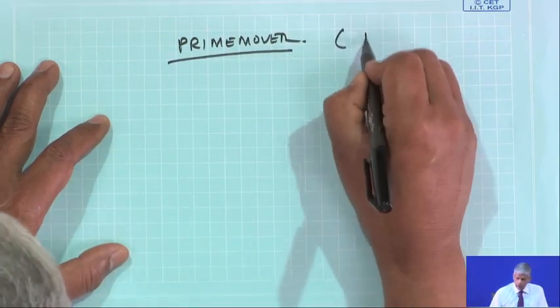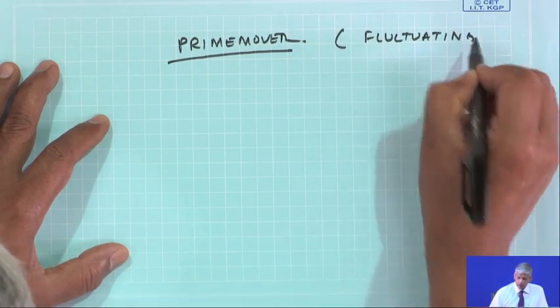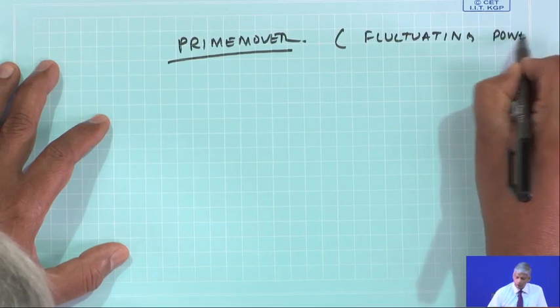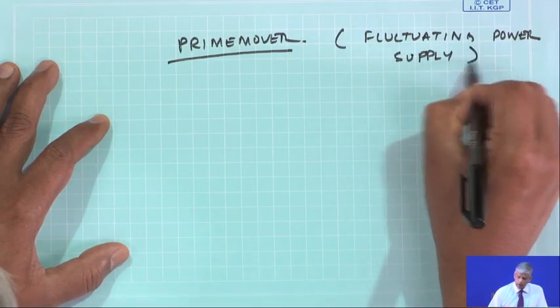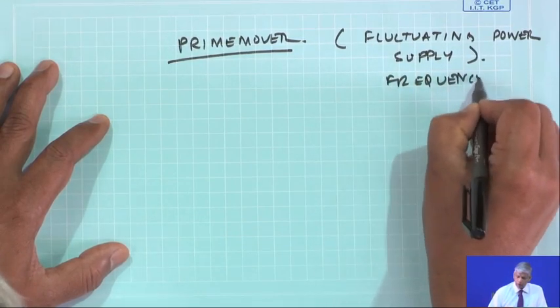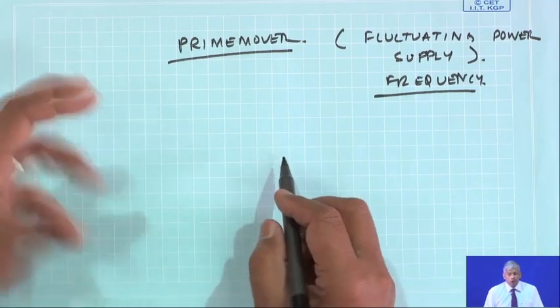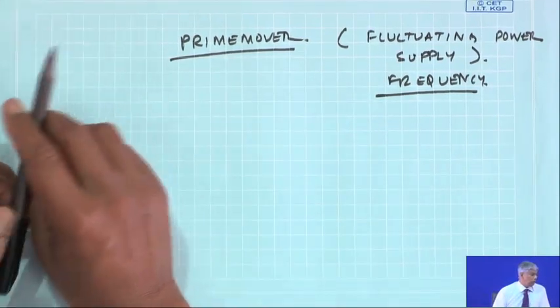It could be a fluctuating power supply in terms of the frequency, if there is a case of an electric motor. So, this will all give rise to torsional vibrations, and then there will be excessive vibrations.